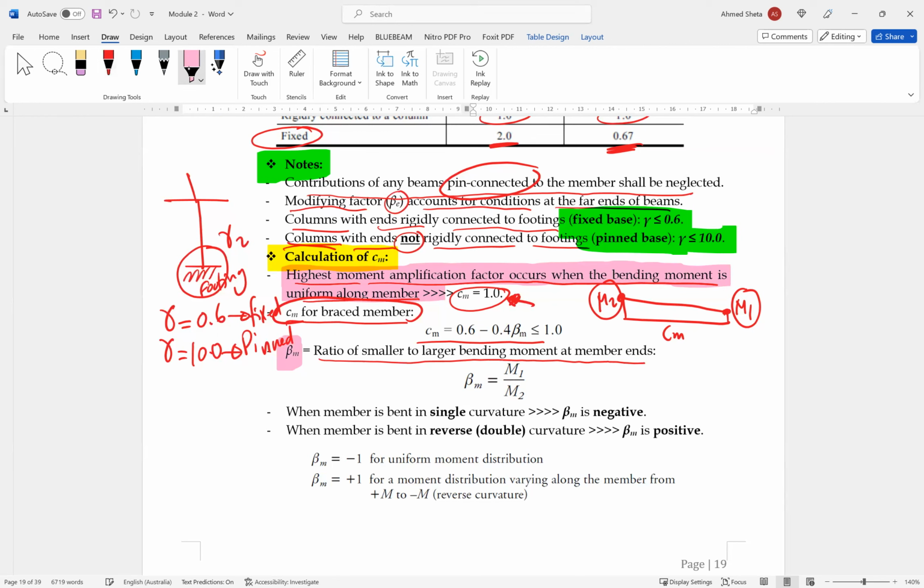So beta m is equal to M1 over M2, where M1 is the smallest and M2 is the largest.